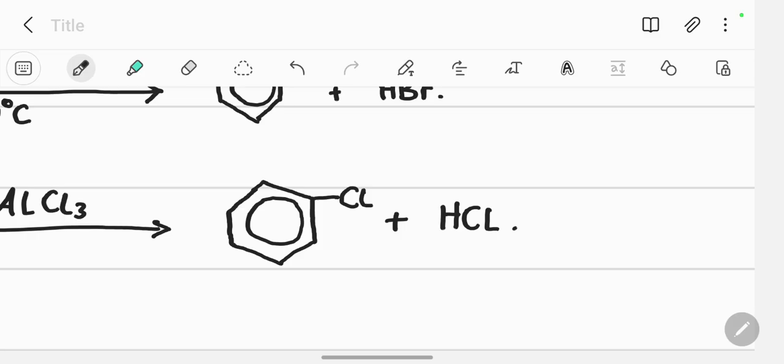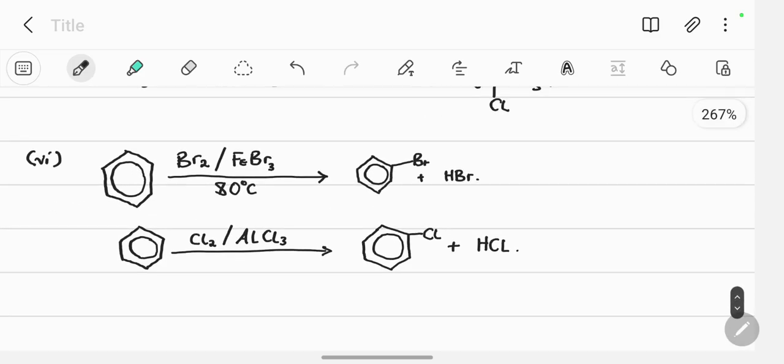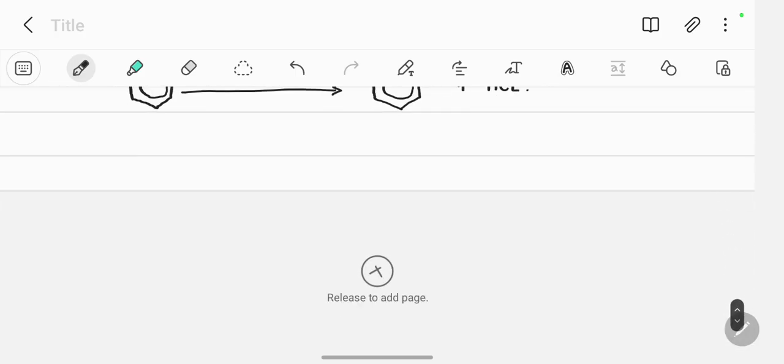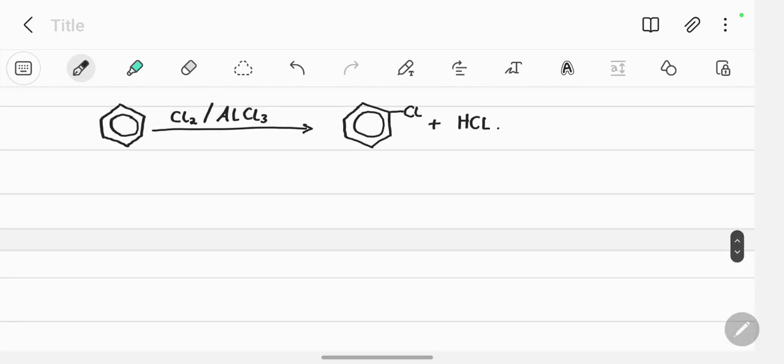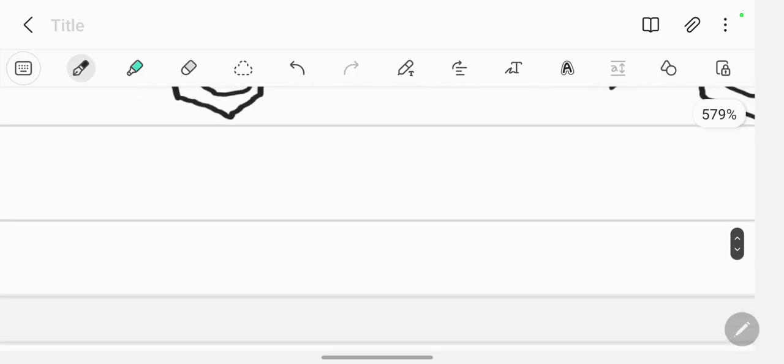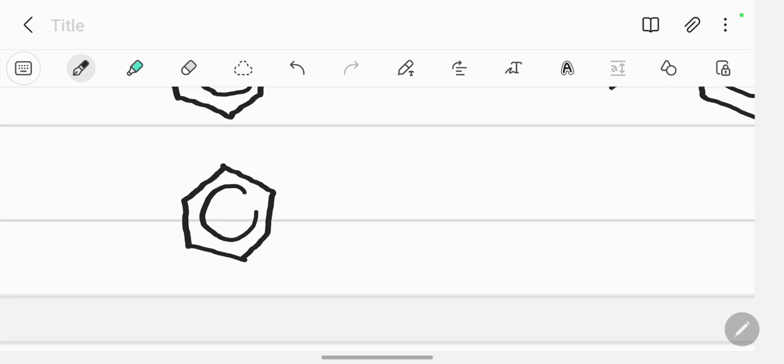So if I want to add iodine, what do I do? If you're interested in adding the iodine, conditions are going to change for iodine. So benzene, when you bring your iodine, put the concentrated nitric acid and you reflux.